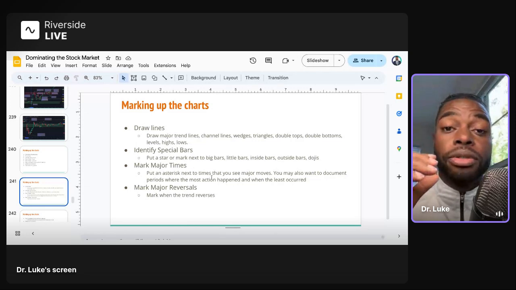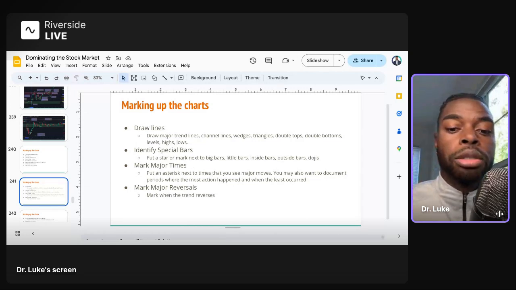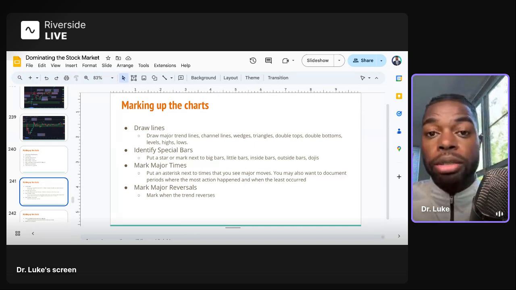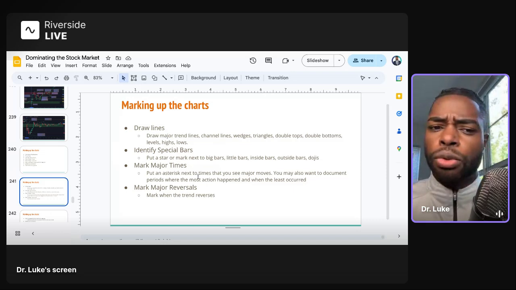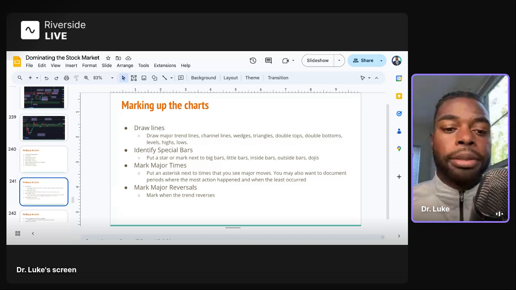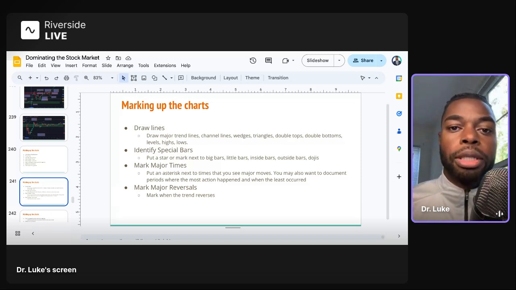We talked about the difference between non-trend and trend bars. So really big bars, inside bars, outside bars, inside-outside bars, dojis, all that good stuff. You mark them up. If it looks special or weird or different, mark it up. And then you mark the major times. The major times in the market are 10 a.m.